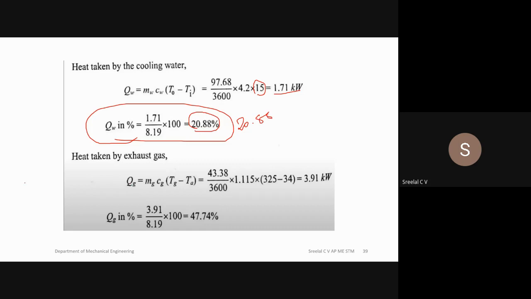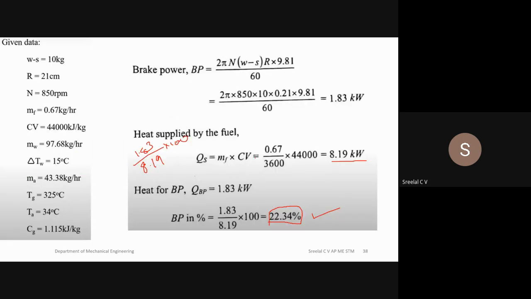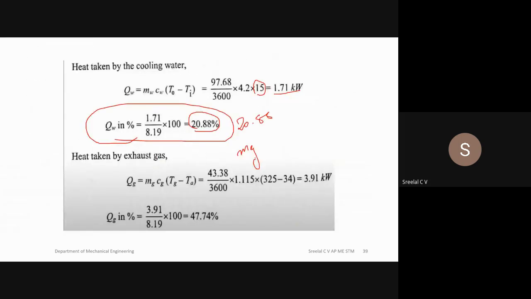Okay, similarly here, the heat taken by the exhaust equals the mass flow rate of gas into Cg into Tg minus Ta. In the exhaust gas, the mass flow rate includes unburned fuel, but we are not considering that.